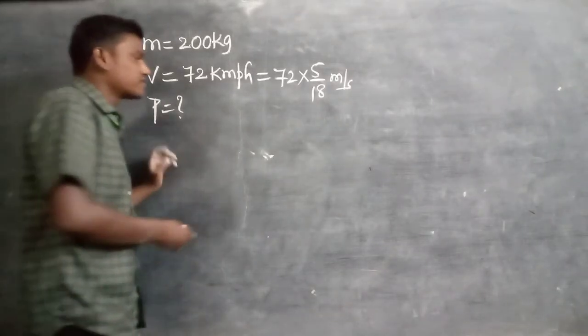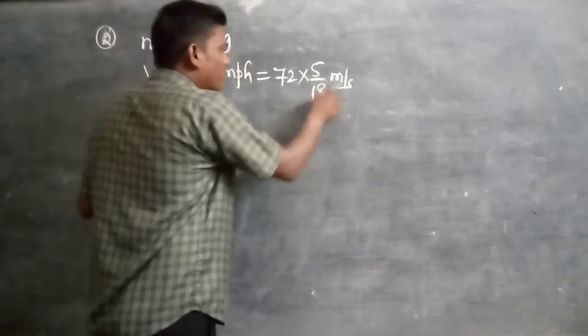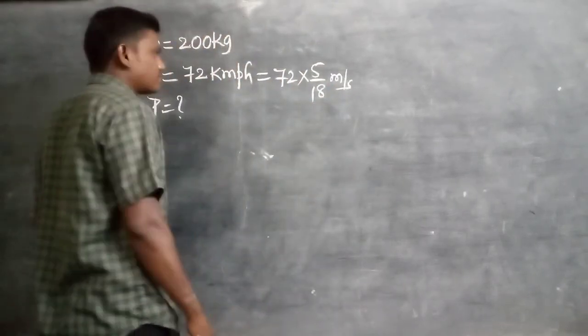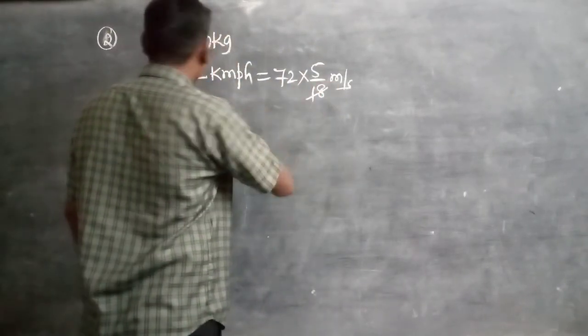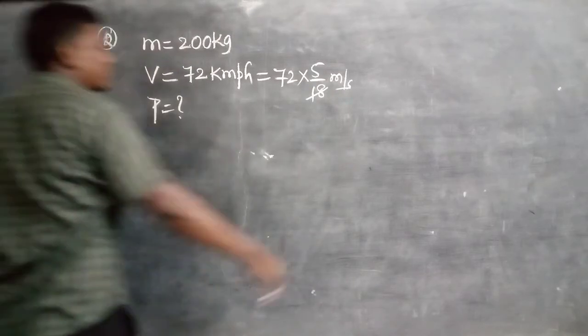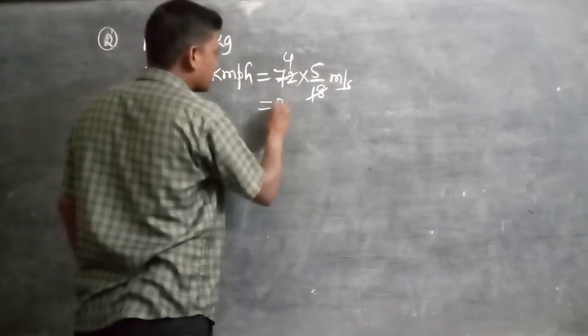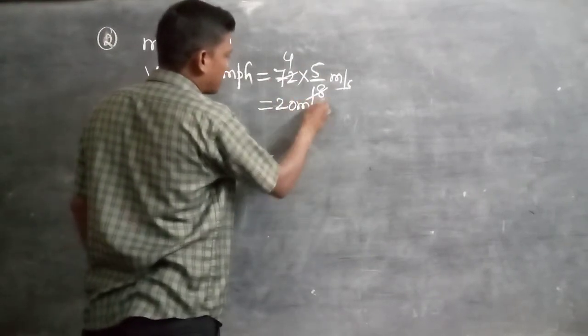That's why 72 into 1 kilometer per hour is nothing but 5 by 18 meters per second. 18 fours are 72, 4 fives are 20. That's right, 20 meters per second.